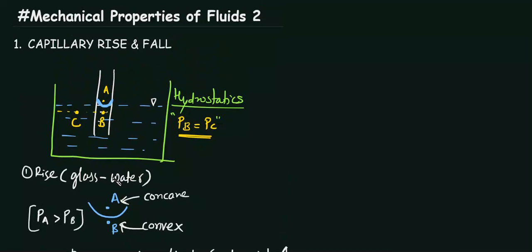Now if I take this point A and one more point D, you can be sure that PA should be equal to PD, because they are at the same horizontal level. And the distance between D and C is small, so PD is also equal to PC, because it is under the liquid but not to that much depth.